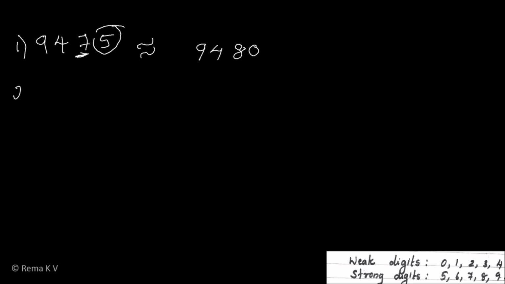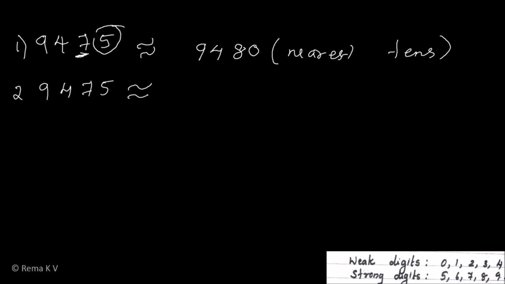Now the same can be rounded off to the nearest hundreds. This is to the nearest tens. And now we have to round off to the nearest hundreds. For that we have to check the tens place digit.